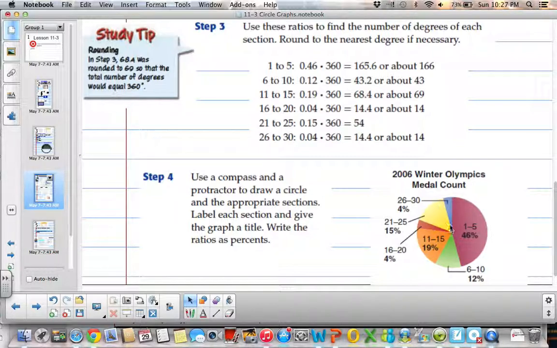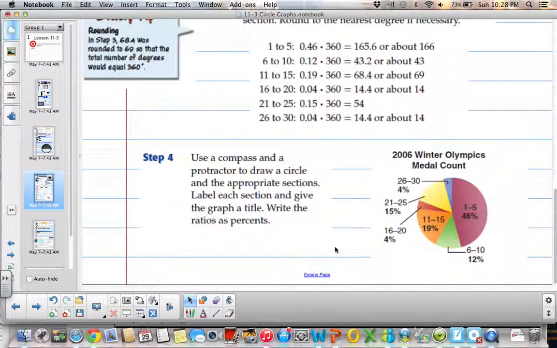So this section right here is 14 degrees. Remember, all of the parts of this circle, their degrees need to add up to 360, and their percentages need to add up to 100%. So the whole circle is 100% and 360 degrees. If it doesn't, that means that we made a mistake somewhere.